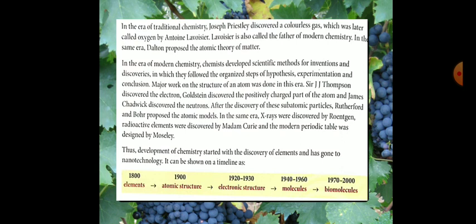Now, the development of chemistry started with the discovery of elements. In the 1800s, scientists discovered elements. In the 1900s they gave the detailed structure of atoms. They said that an atom is made up of 3 subatomic particles, that is electron, proton and neutron.